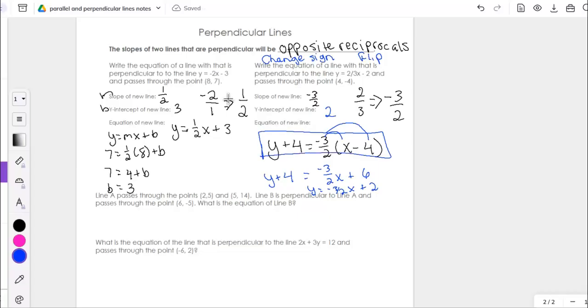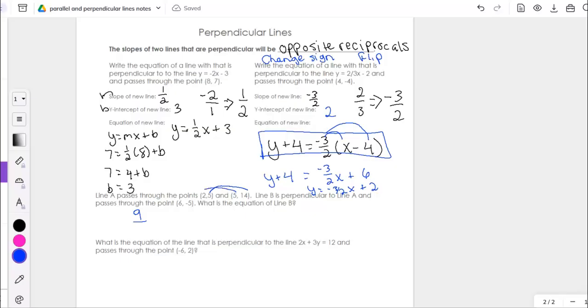All right, next question. Line A passes through the points (2, 5) and (5, 14). Line B is perpendicular to line A and passes through (6, -5). What is the equation of line B? So first we need to find the slope. You've got to find your differences in y: 14 minus 5 is 9.